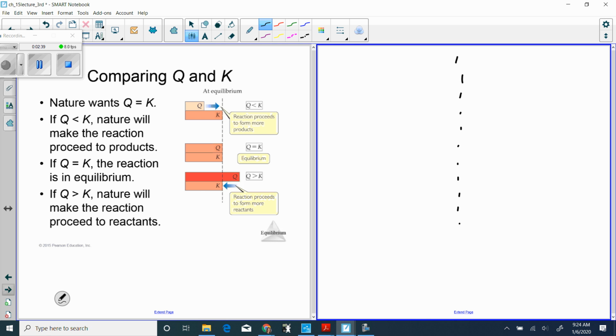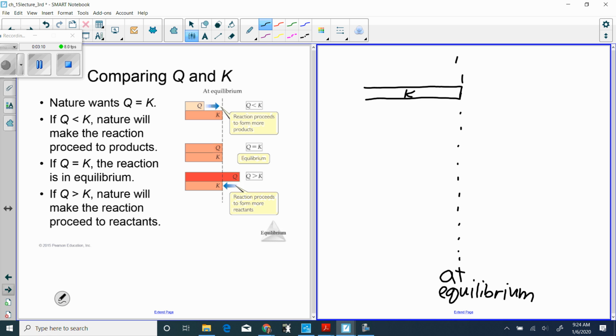Draw a dotted line down the middle and label it at equilibrium. When we solve for K and we plug all those numbers in, that is equilibrium. So your K line is going to be right up to your dotted line, your K bar.